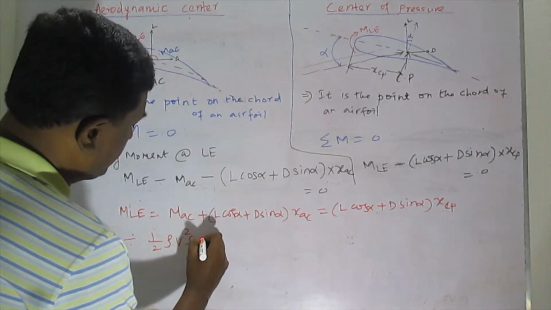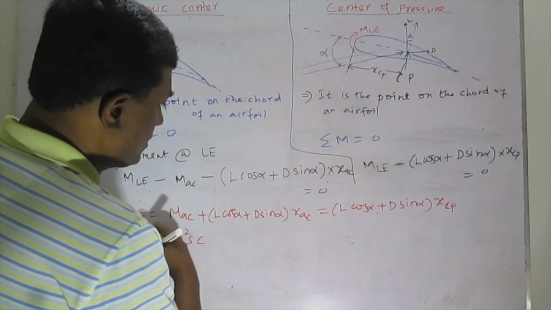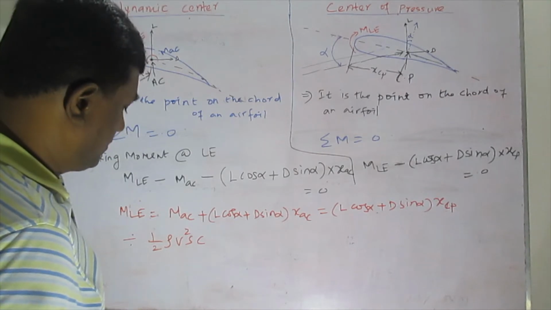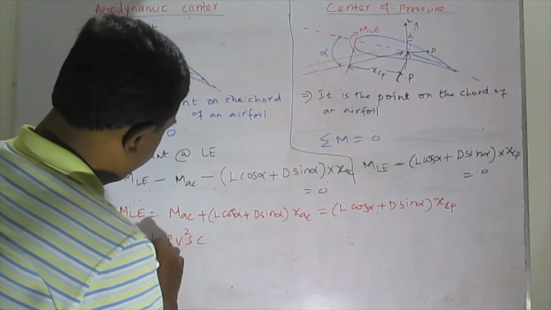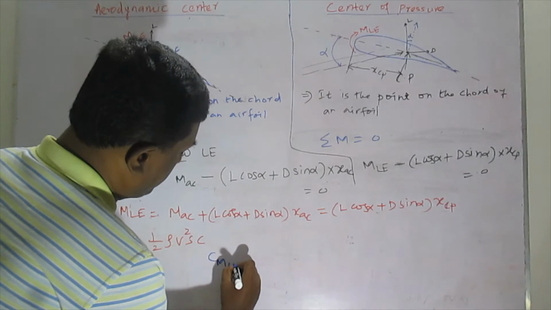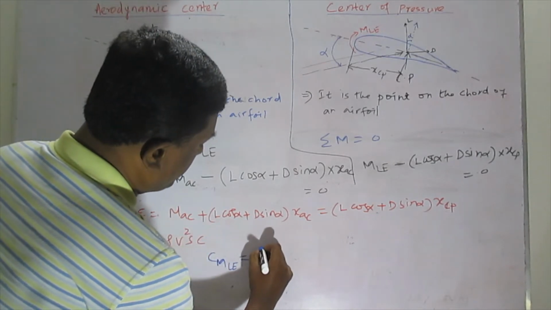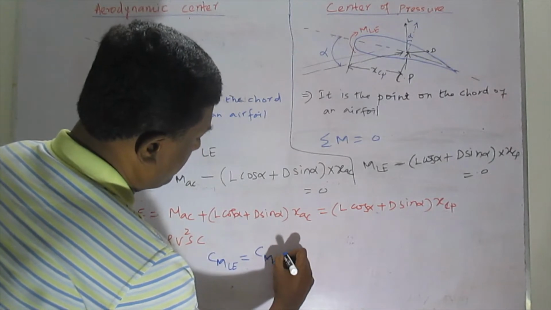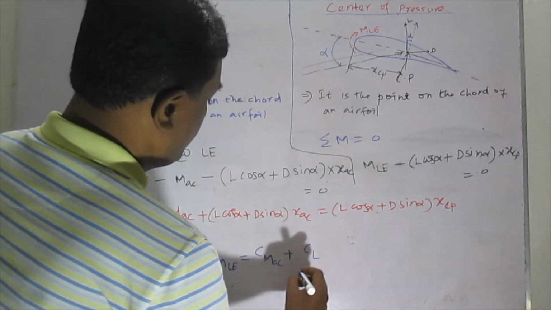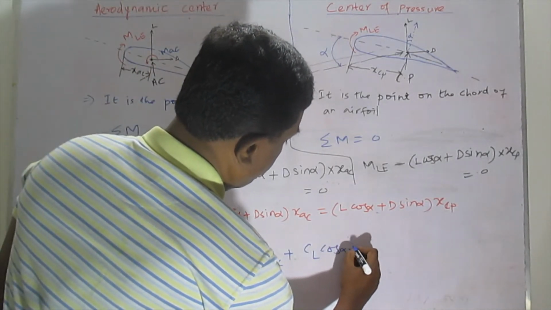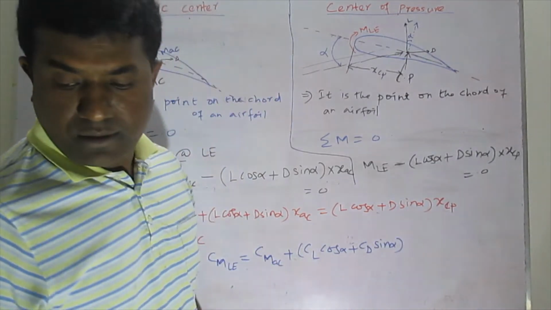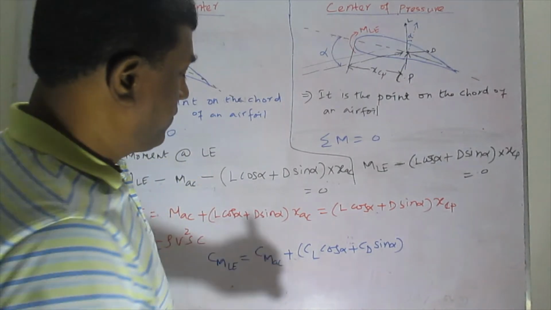half rho V square S C. So if you are dividing this whole equation by this, then we will be getting Cm leading edge equal to CMAC plus CL cos alpha plus CD sin alpha into XAC.